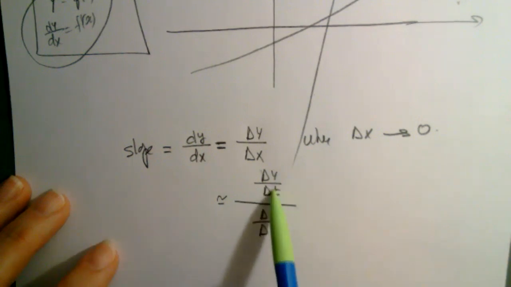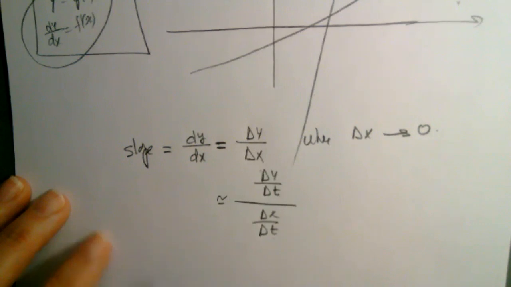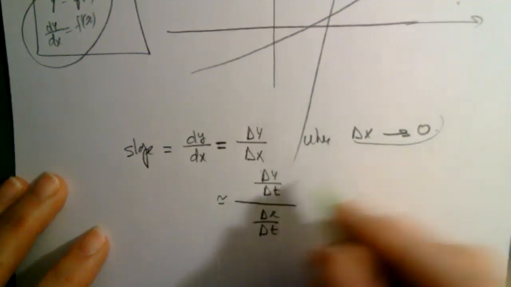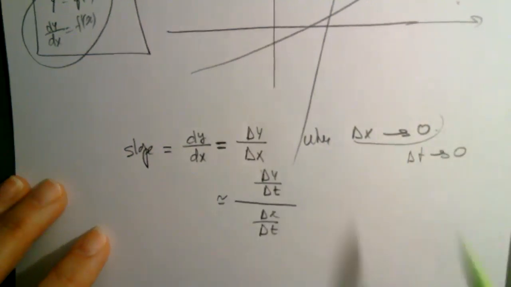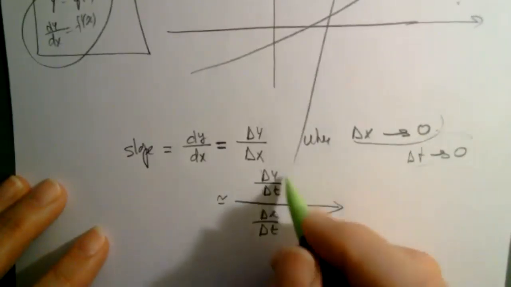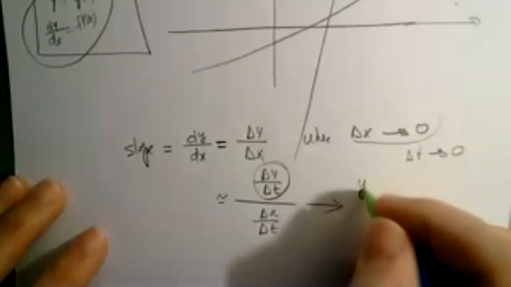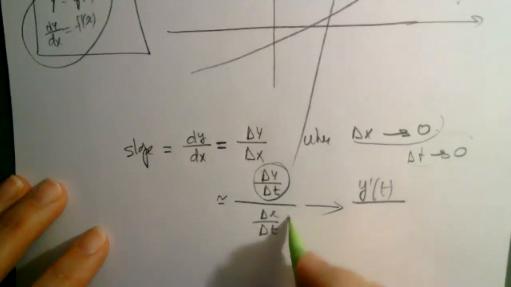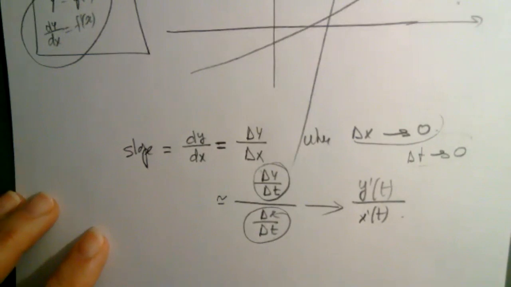So I introduce this delta t, which algebraically is the same thing. And then I say, okay, when delta x becomes close to 0, the time is also going to be very small, of course. So this is going to become close to the derivative of y with respect to t, that's the numerator, and this will become close to the derivative of x with respect to t.